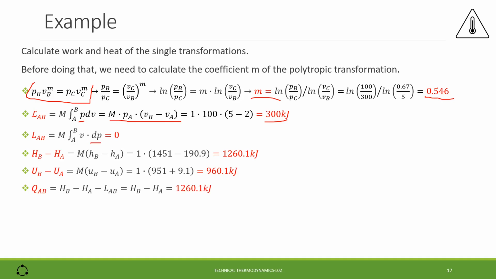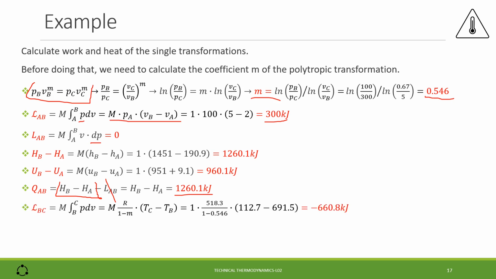960.1 kJ. Now we can calculate the heat between the states AB, that is the difference of the enthalpy between the same states minus the technical work. But because the technical work is 0, it's just the difference of the enthalpy, 1260.1 kJ.